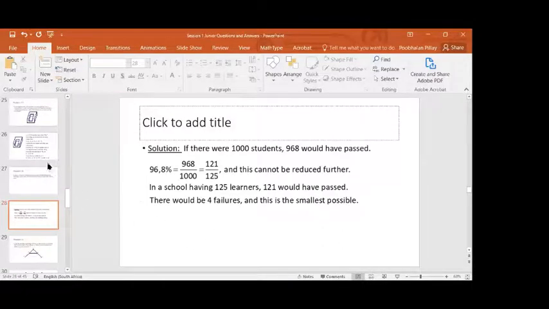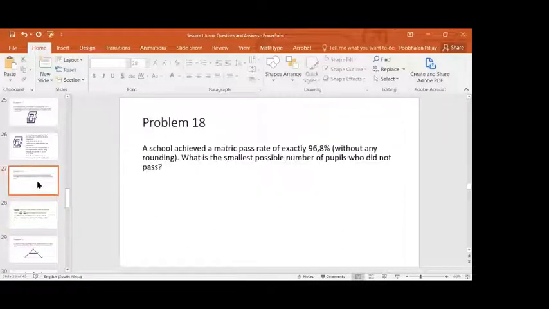You can see the problems will be getting more and more difficult. Like this one here is another interesting problem. The problem says a school achieved a metric pass rate of exactly 96.8% without any rounding. What is the smallest possible number of pupils who did not pass?